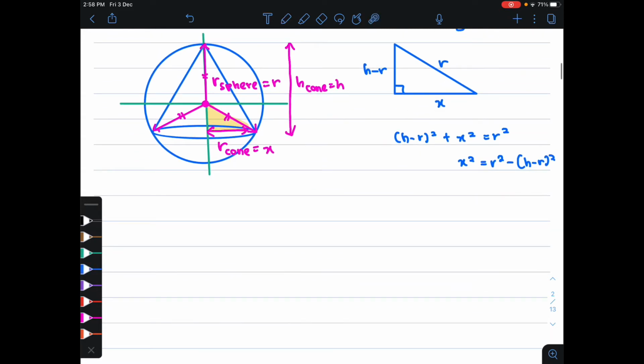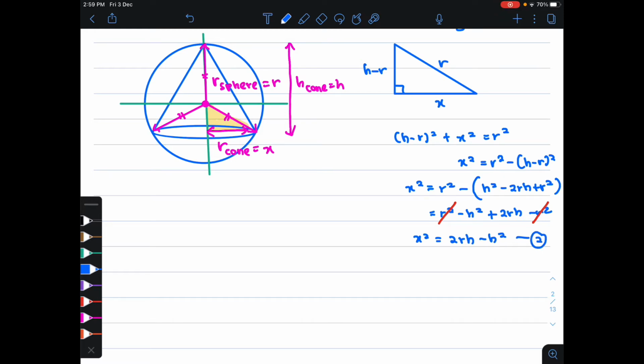Okay, so sebenarnya this one kamu boleh simplifykan dia. Dan kamu boleh cancel out R square. So, dapatlah X square is actually 2RH minus H square. So, that is your second equation.